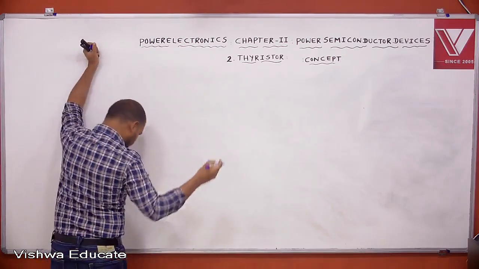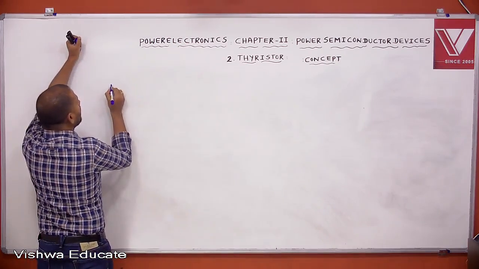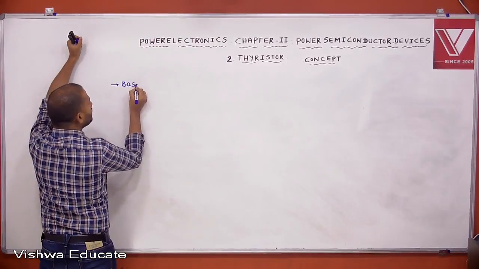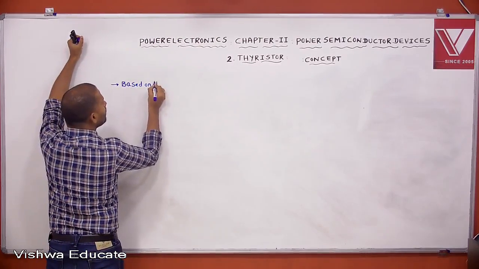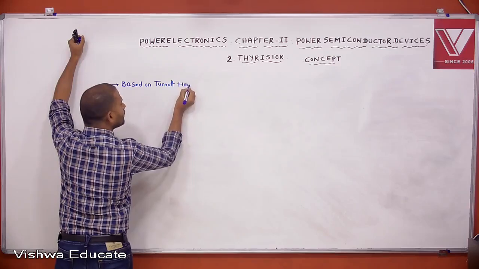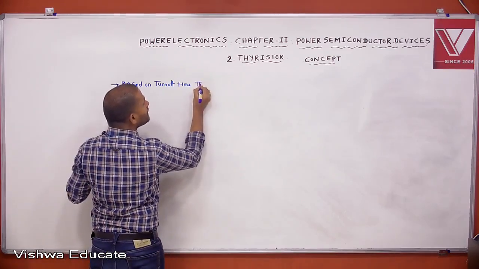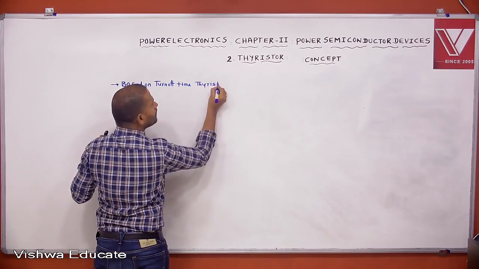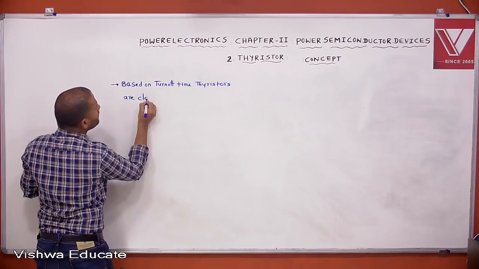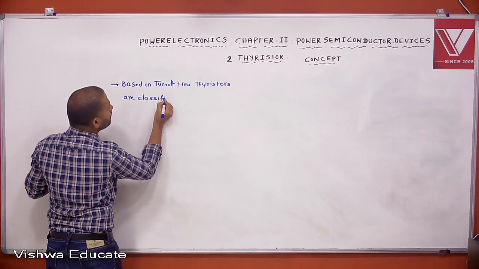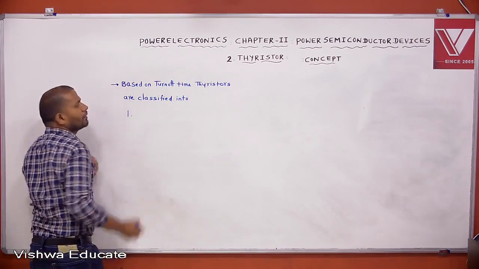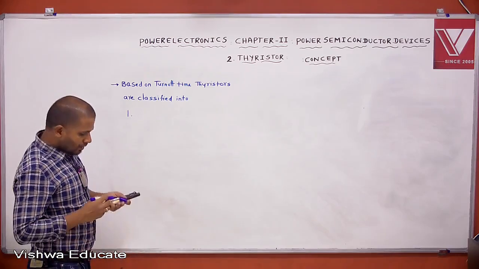Based on turn off time, thyristors are classified into two types.